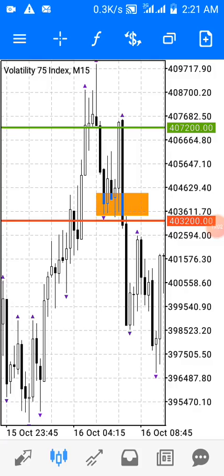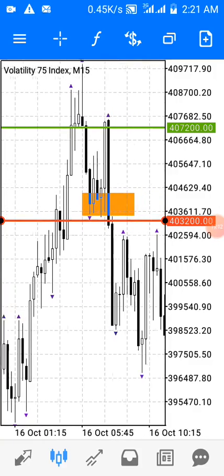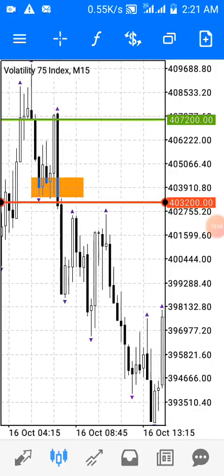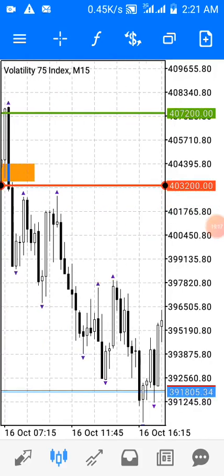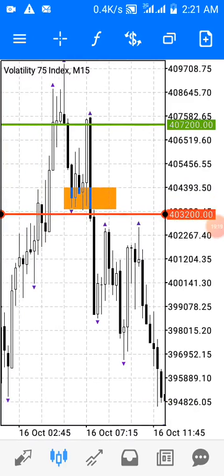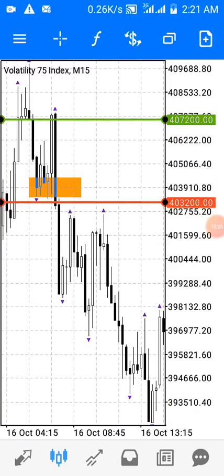Okay, so the initial sell trade, if price starts to go down, like we have in this example, price obviously went down and you sold and you are in big profit. Wow, that's good. If you are in profit and it does not come up to meet your hedge trade, fine and good, enjoy your profit.